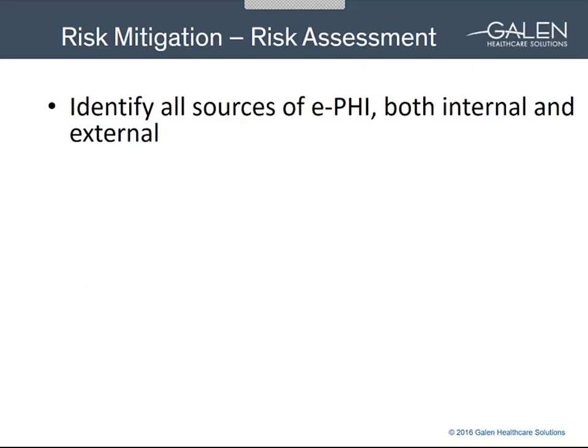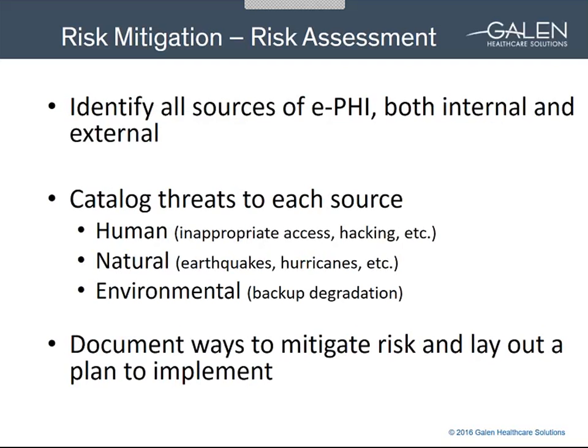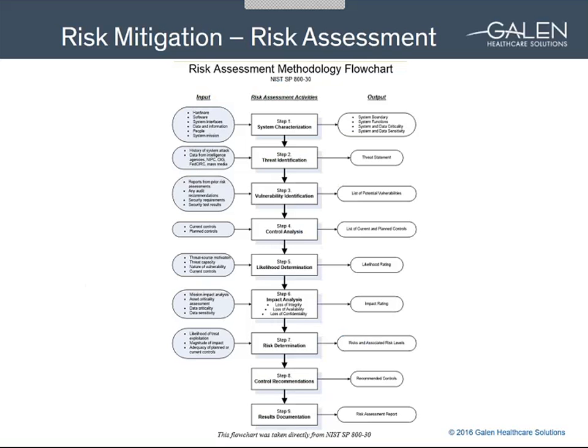So I won't go into a lot of detail of what should go into a risk assessment, but generally you're cataloging every place PHI and ePHI lives, what the threats to that PHI are, and what the ways to mitigate risk to that PHI are. The National Institute of Standards and Technology actually has a very long and robust publication that talks about risk assessment methodology.